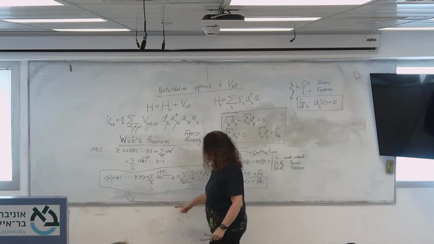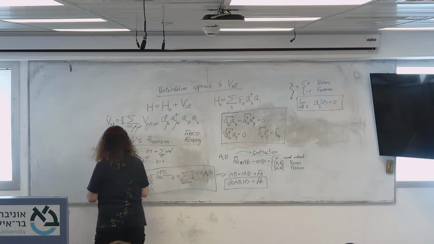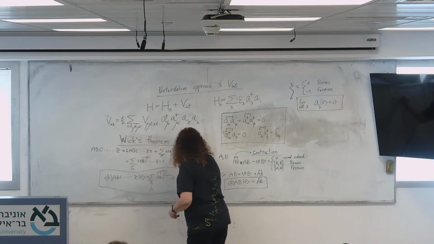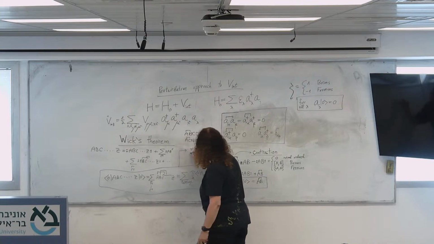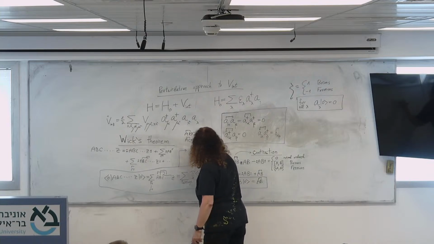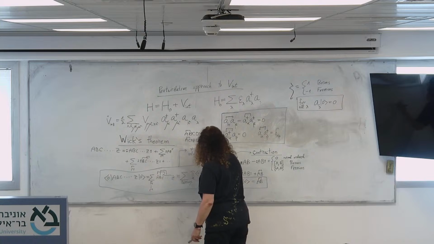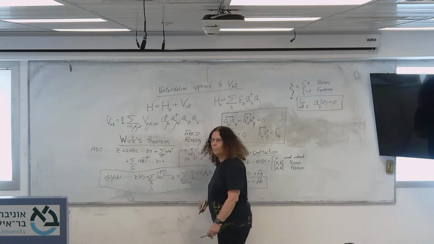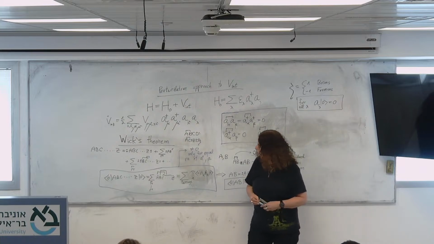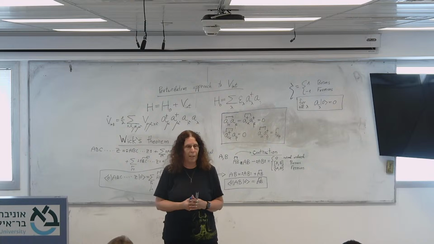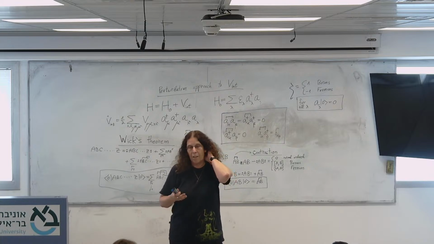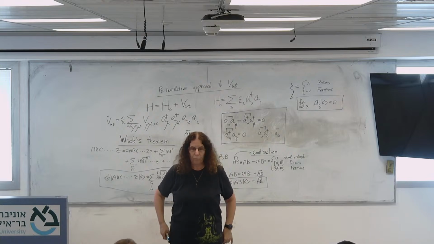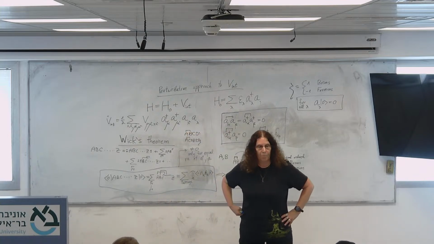So maybe I should have said in advance, this is non-zero only for an equal number of A dagger and A. In other words, only an operator that preserves the total number of particles does have a finite expectation value in the vacuum. Okay? Good?